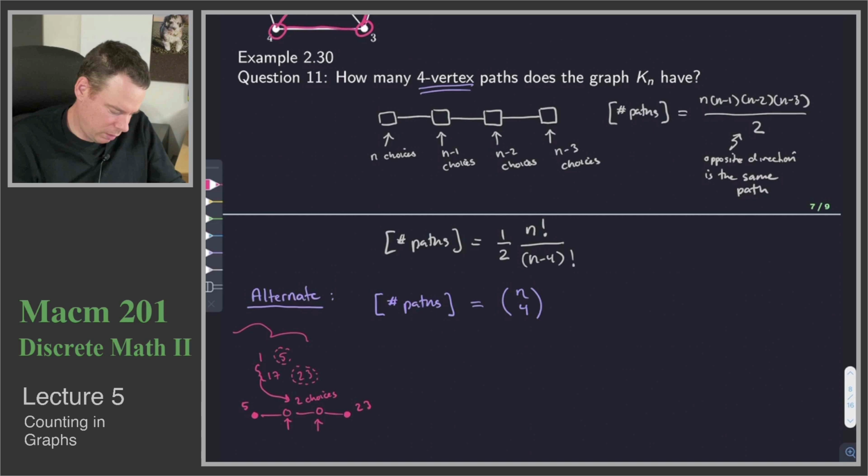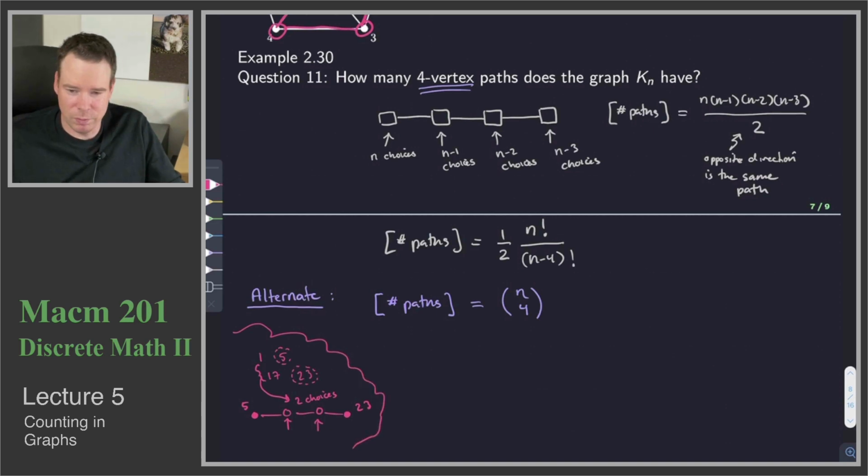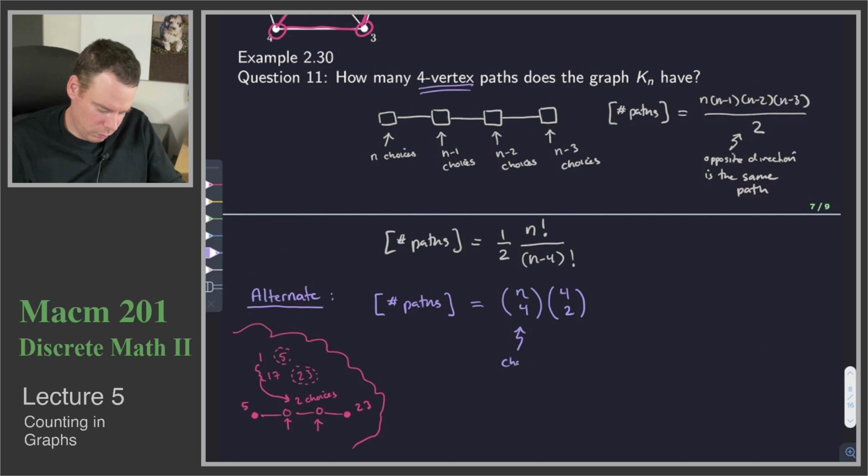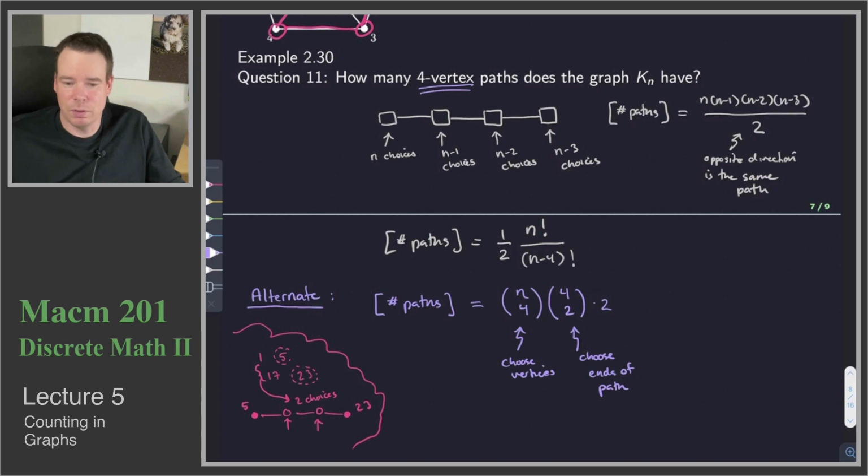So that's just a bit of our brainstorming here. Okay, once I pick 4 vertices, what I'll do is I will pick from those 4 vertices the 2 that will form the ends of the path. So choose vertices, choose the ends of the path, and we saw from our little brainstorming session there that once I've chosen the ends of the path, there are really just 2 ways you can fill in the middle vertices.